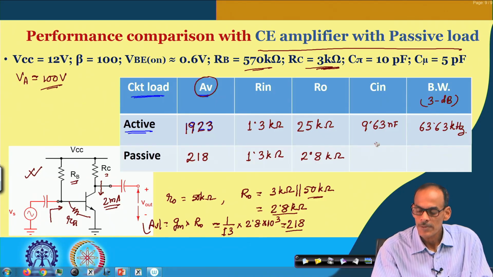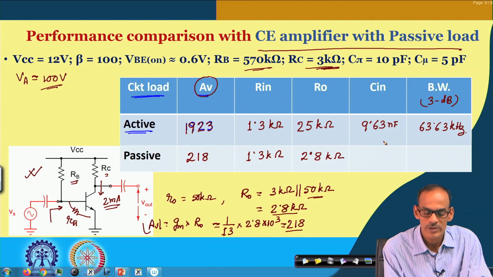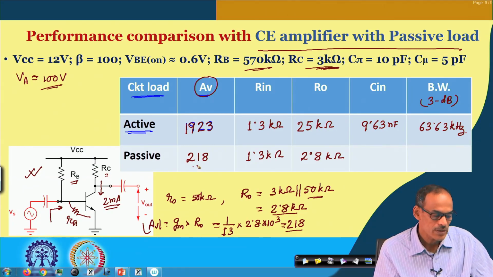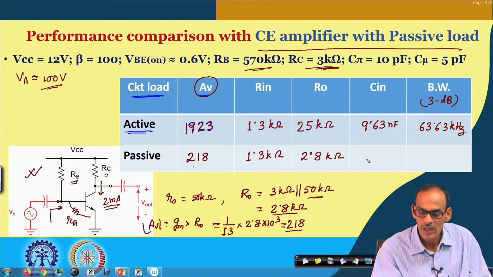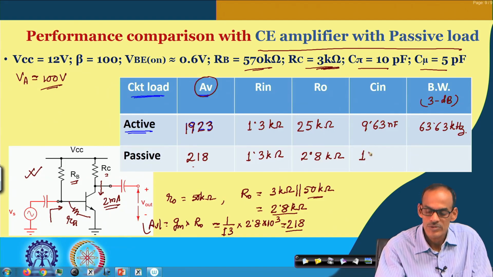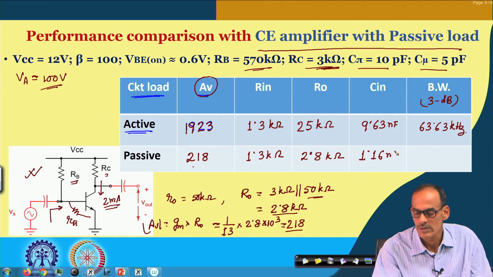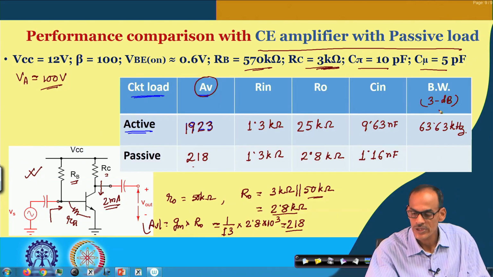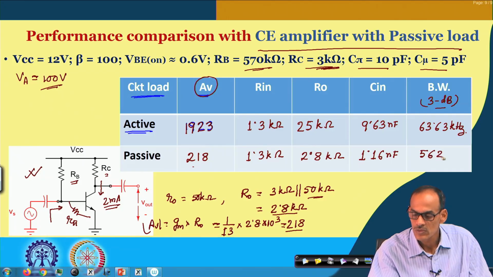Then C_in, of course, depends on the voltage gain. Since the gain here is low, it is expected that C_in is also lower, and we have done this calculation for the same values of C_pi and C_mu, and it comes to 1.16 nanofarad. The corresponding 3 dB bandwidth here was 562 kilohertz.